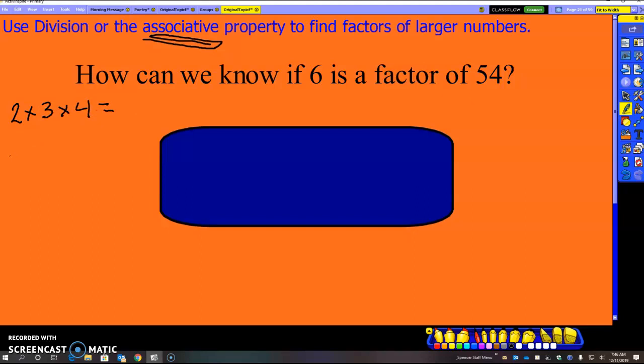I'm going to write this twice, and I'm going to show you the idea of the associative property. In this first one, I'm going to think about multiplying the 2 times the 3 first. So I'm going to do this step first, which gets me 6. 6 then times 4 gets me 24.